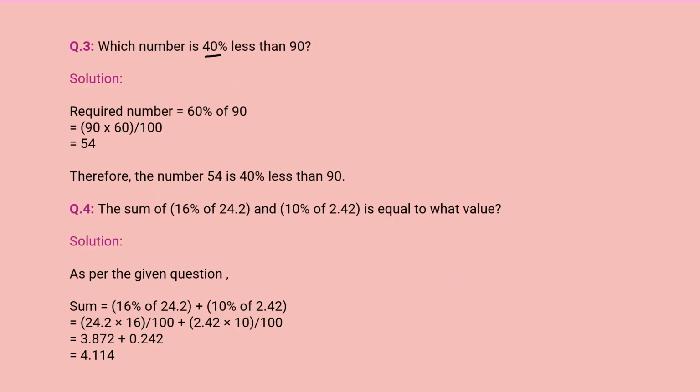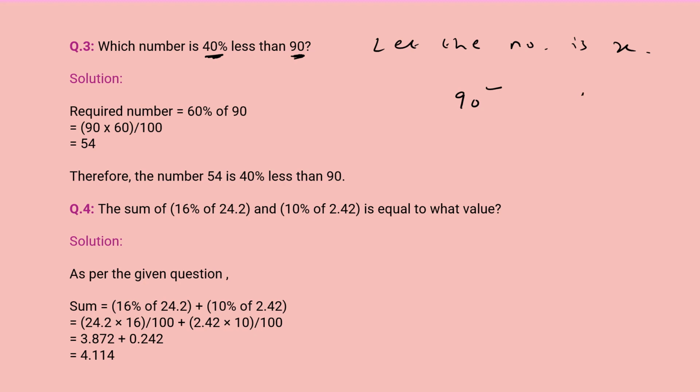Which number is 40% less than 90? So let the number be x. We can do it in this way. Okay. So if 90 is 100%, you have to calculate the 40% less than this number.